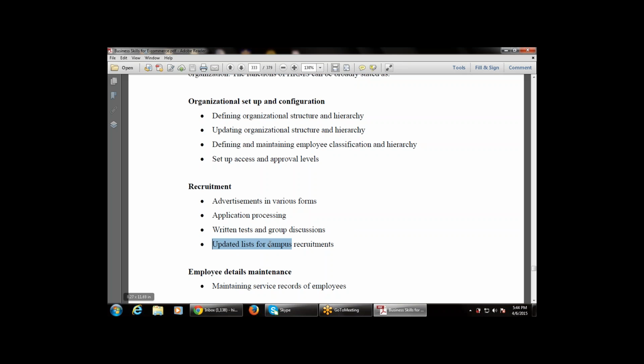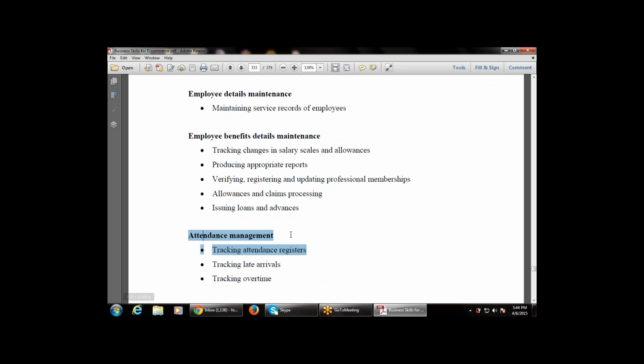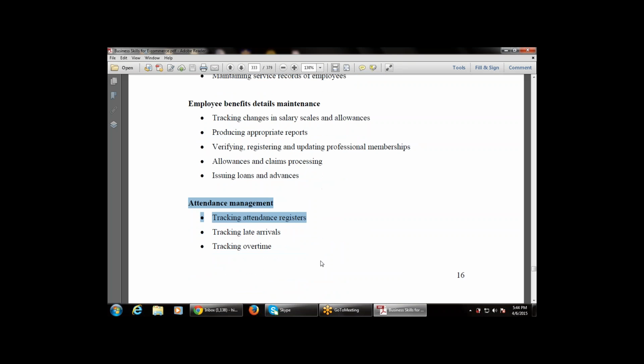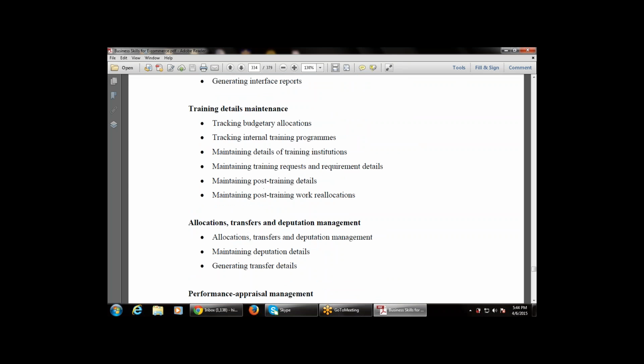Updated list means updated provision for the campus recruitment. Employee details maintenance, employee benefits detail maintenance, attendance maintenance. Nowadays there is a biometric system, that is also a role of HR. So everything is done online. These are the various details. Training details, as I said, everything is available over the internet.